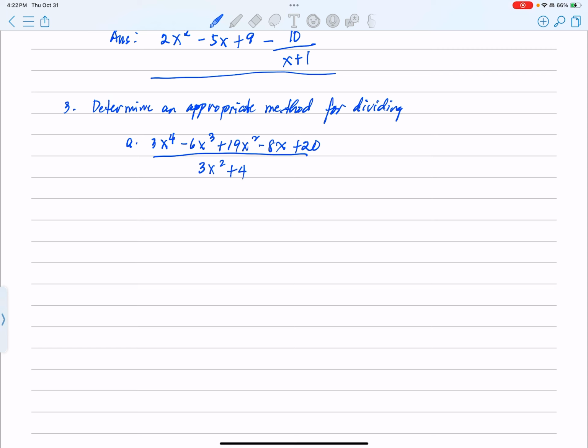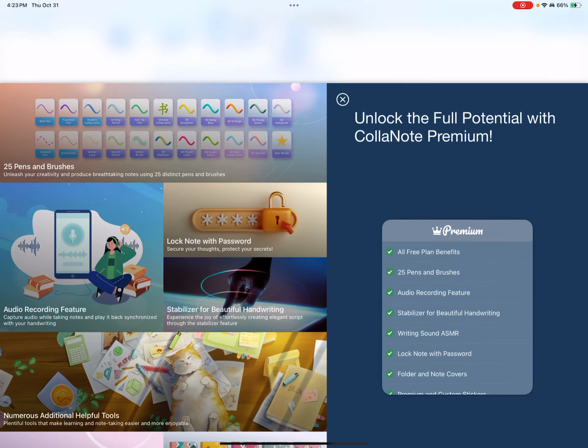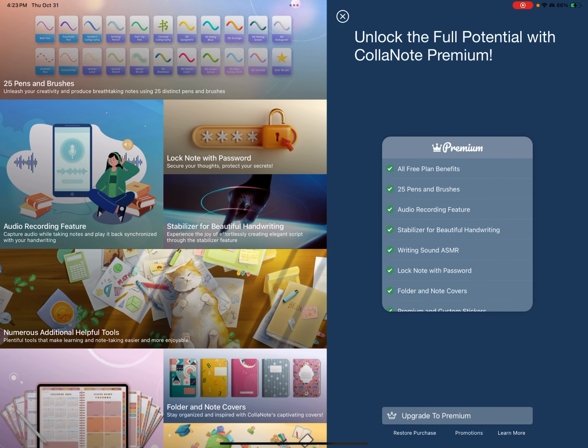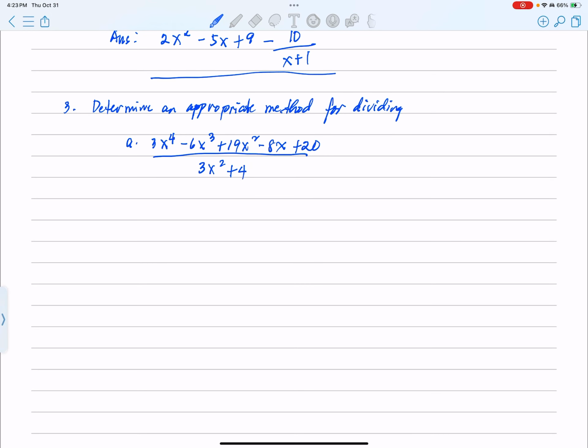The numerator has 5 terms. The denominator of the expression is not linear, and it cannot be factored, like 3x squared plus 4. We cannot factor that out. Therefore, we cannot use synthetic division here because that is complicated.